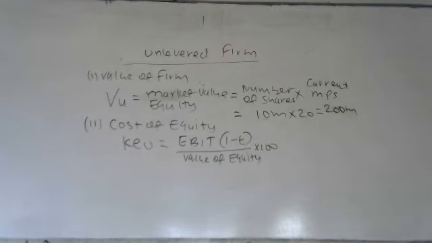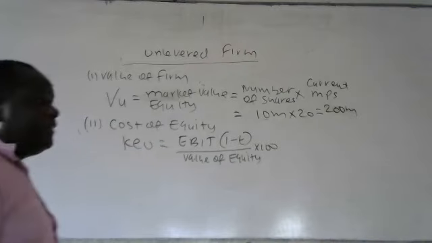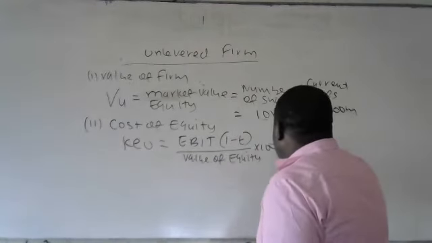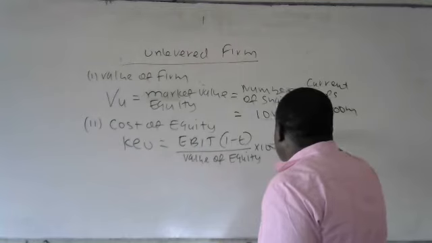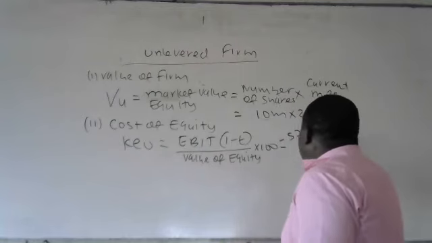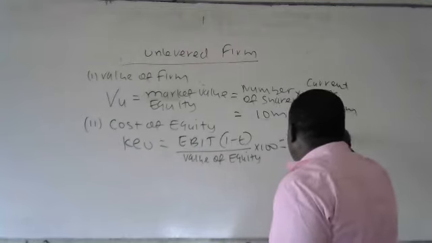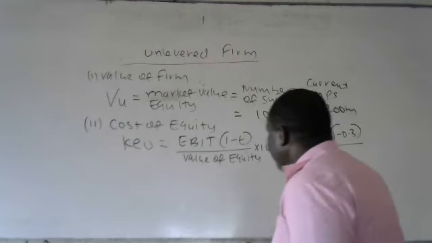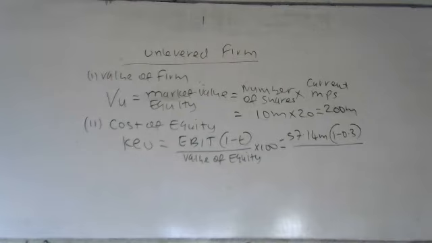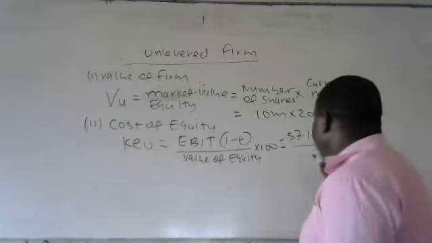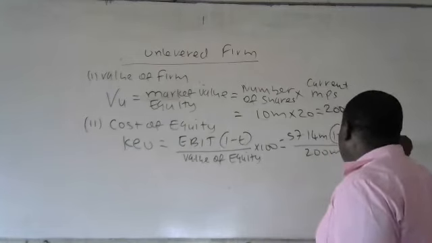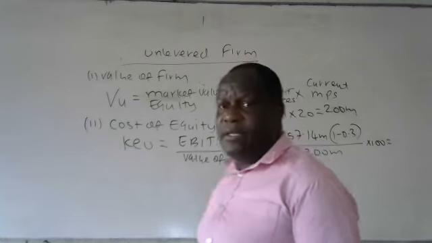So what are we getting as our earnings before interest and tax? 57.14 million. Then corporate tax is given as 30%. The value of equity is the same as the value of the firm, which is 200 million.